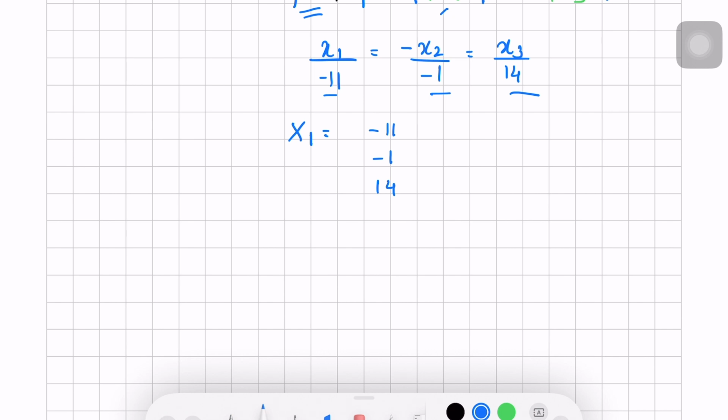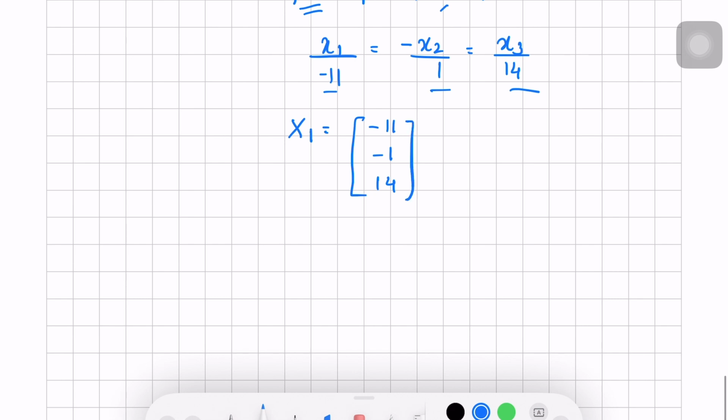So we actually did something wrong. In here there is no minus sign, so it is plus. So this x2's plus minus sign will be minus 1. So hence we get this first eigenvector. We will name it as x1.